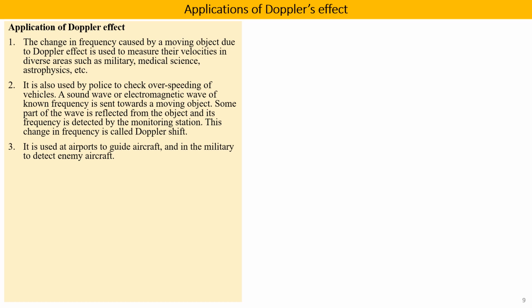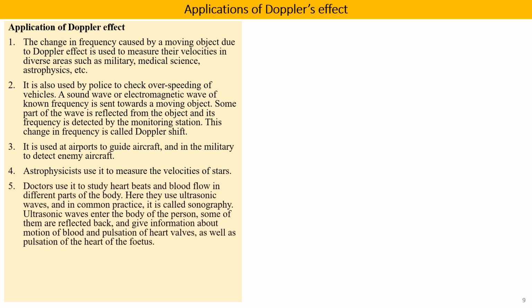It is used in the airports to guide the aircraft and in the military to detect the enemy aircraft. Astrophysicists use it to measure the velocities of stars. Doctors use Doppler effect to study the heartbeats and blood flow in the body. Here they use ultrasonic waves, and in common practice it is called sonography.